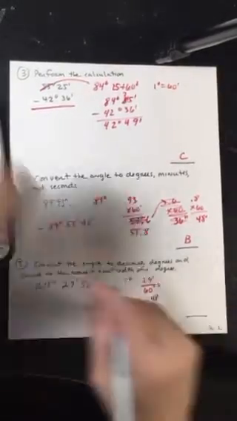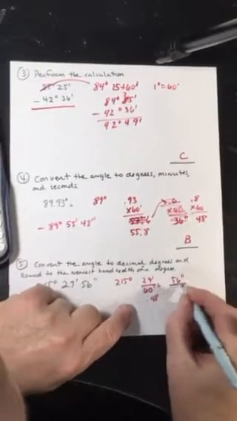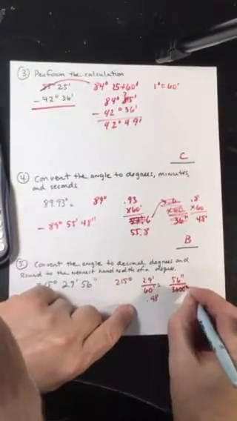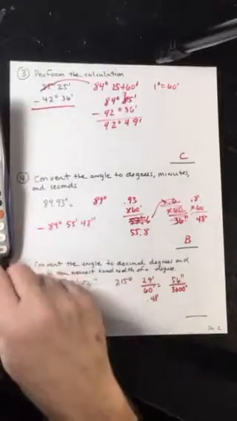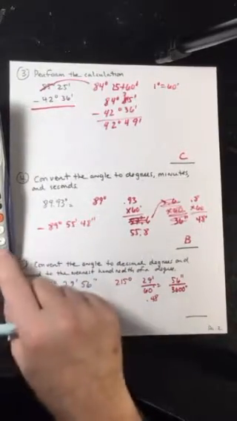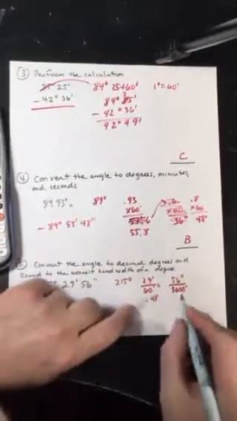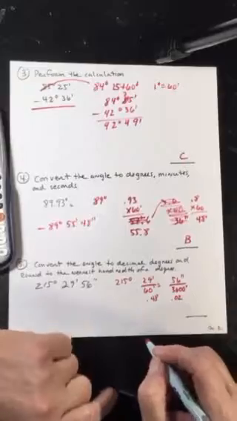All right. Then we're going to take the 56 seconds and divide that by 3,600 seconds in 1 degree. So 56 divided by 3,600 equals 0.02 rounded.